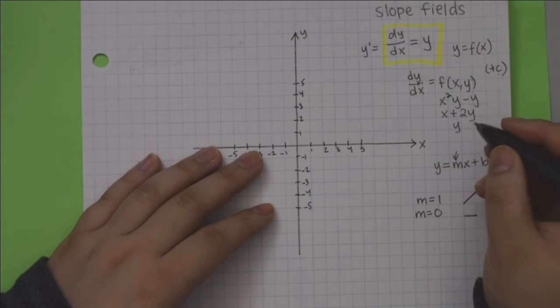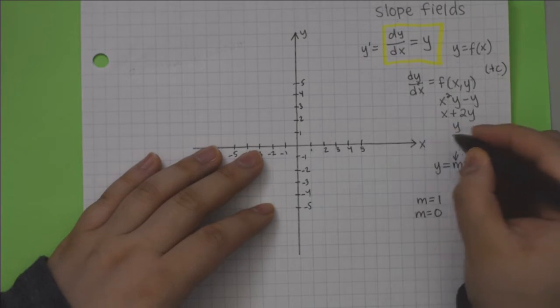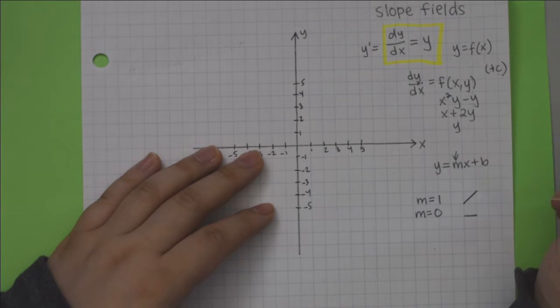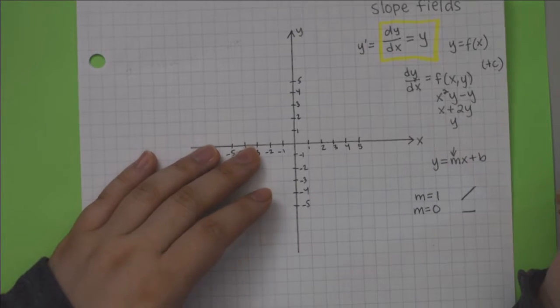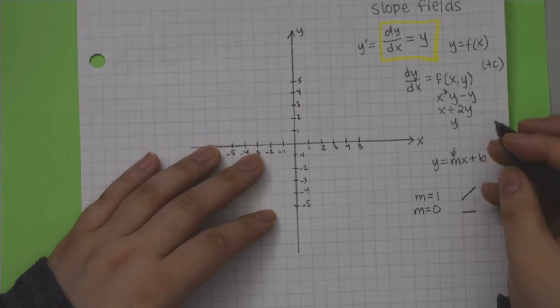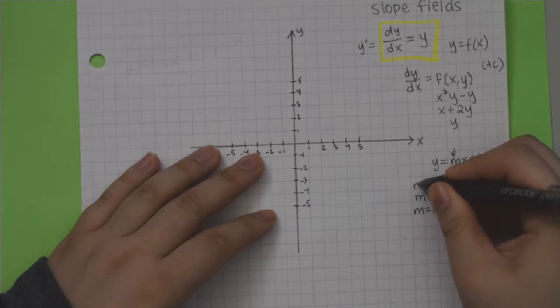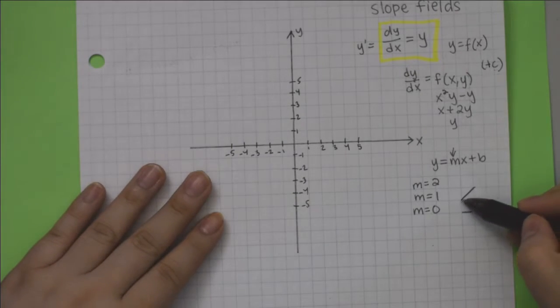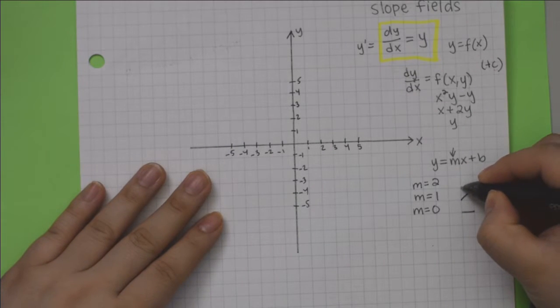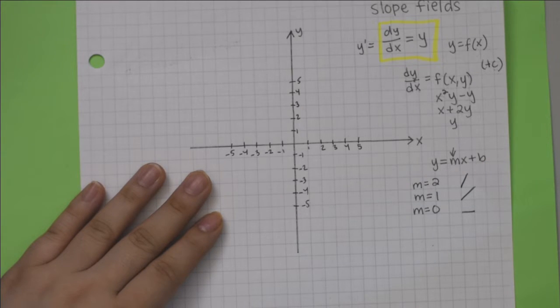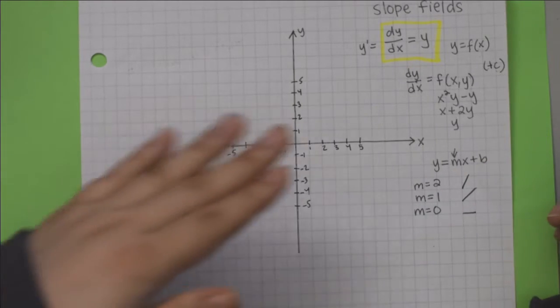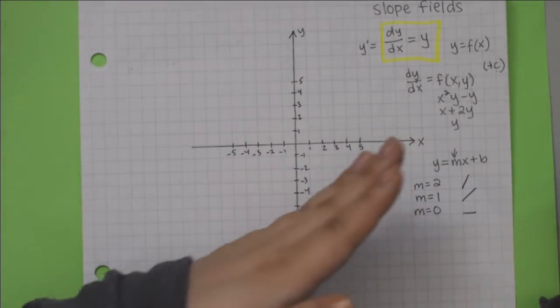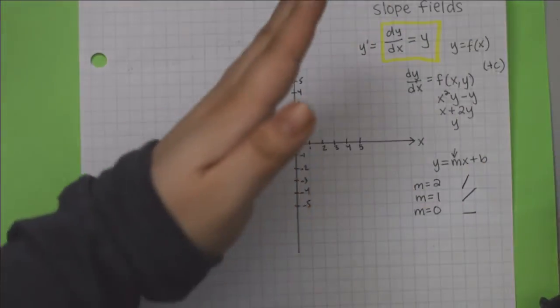And you can calculate this by the change in y divided by the change in x, or the rise over run. So that's m equals 1. M equals 2 is going to be a steeper line than this. And so it's going to look something like that, okay?